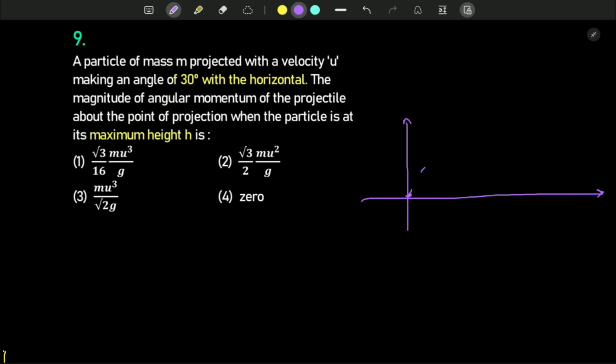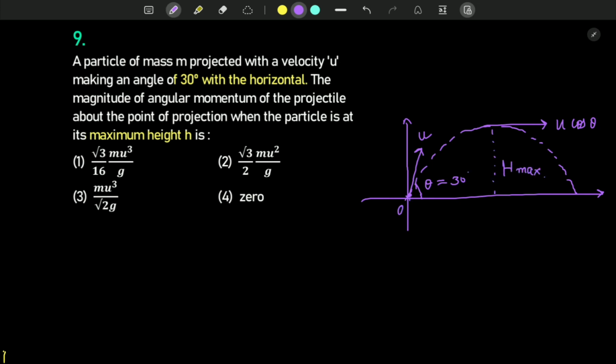So this is our projectile. Now suppose the mass is projected with a velocity u. At the topmost point, the velocity will be u cos theta. Theta is this angle, which is given as 30 degree in the question, and this is our height h max.